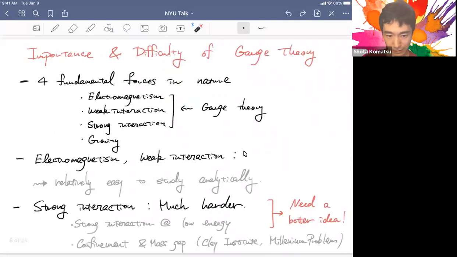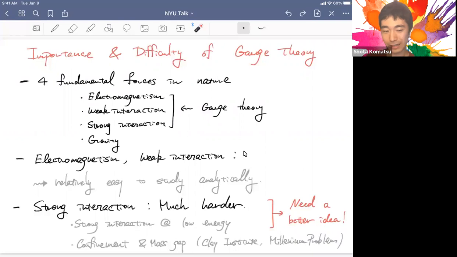On the other hand, the last of the three, the strong interaction, is much harder. One reason why it's hard is because the strong interaction is known to be strong at low energy. For instance, we know protons are made out of 3 quarks, and we also know the equation governing the quarks, which is basically quantum chromodynamics.